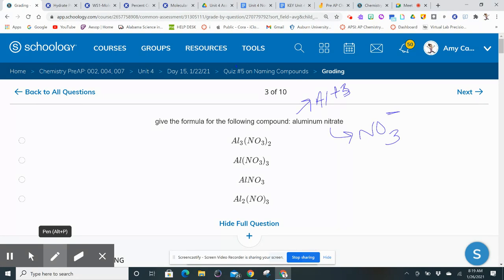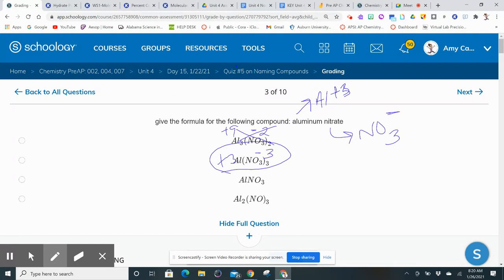So we're saying we have 3 aluminums and each one is a +3, so that would make that a +9. Nitrate is a -1 and I have 2 of them, that makes that a -2. That doesn't balance out, does it? So that can't be it. This is +3. Each one of those is a -1, so that makes -3. That balances, doesn't it?